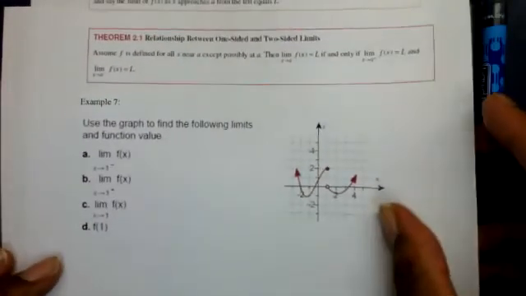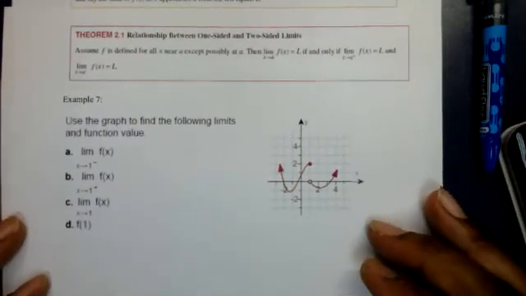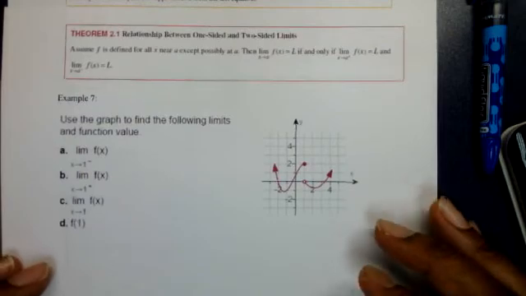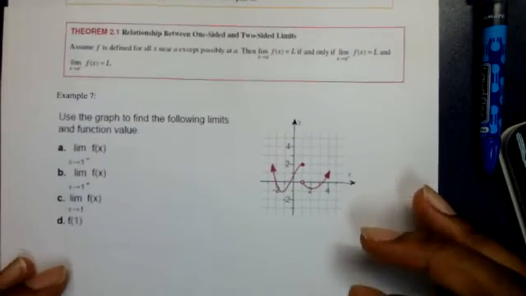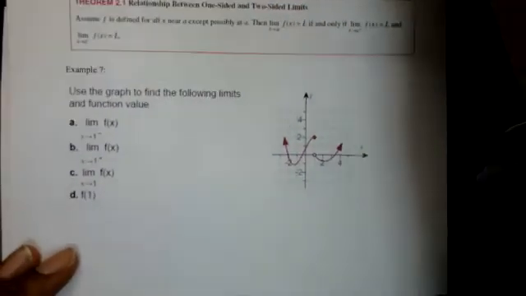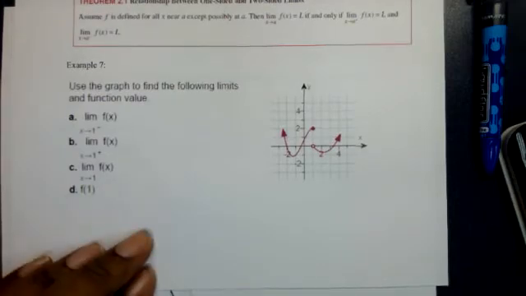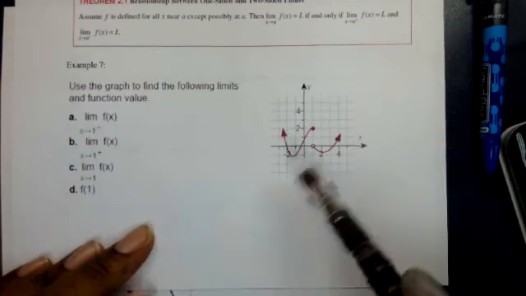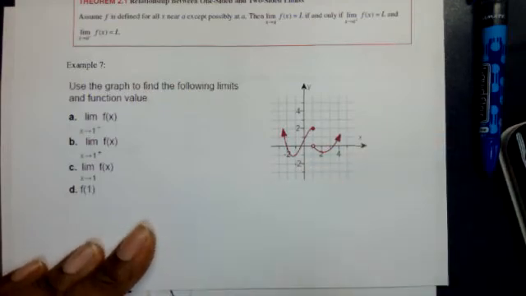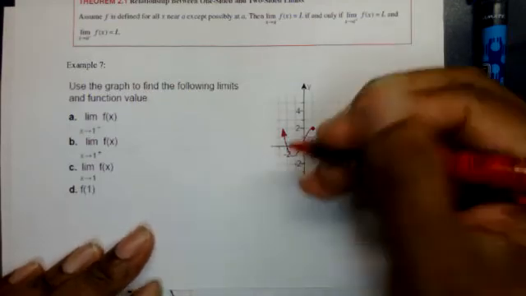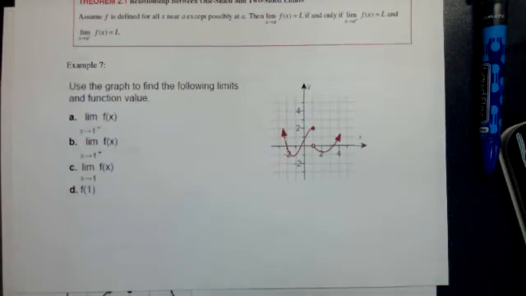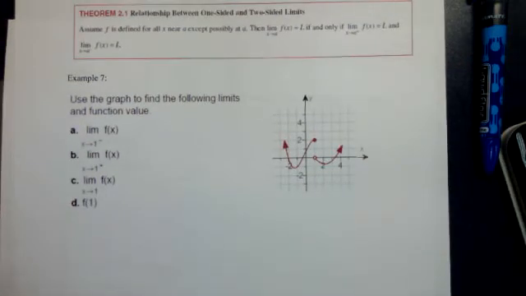Okay, so let's look at some of these one-sided limits with these examples here. In example 7, we're going to use a graph to find the following limits and function values. Starting with part A, the limit as x approaches 1 from the left of this function f of x. Let's see if we can answer these. And since this is red, let me use a different color.